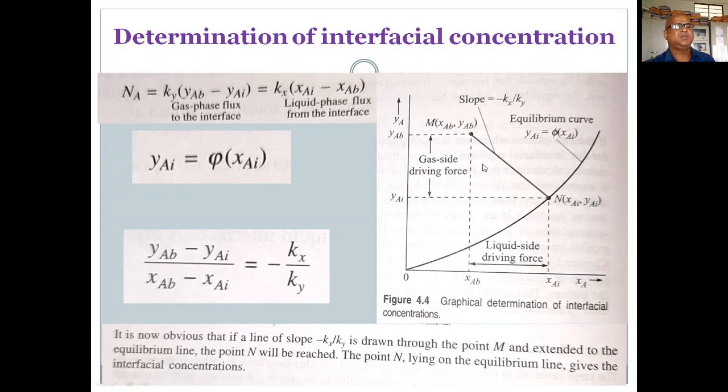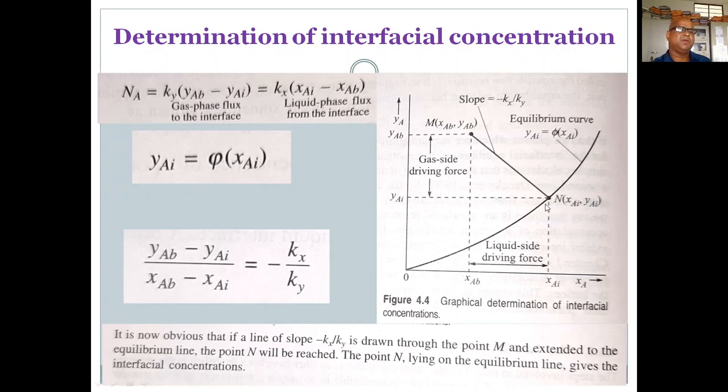And if you see this, what is the slope? This is YAB minus YAI, over XAB minus XAI, the negative of that, and the slope comes out. So in this way you can determine the interfacial concentration.